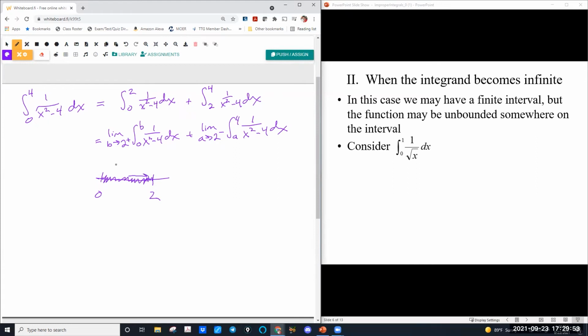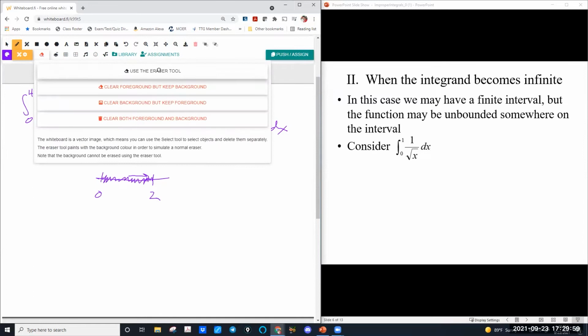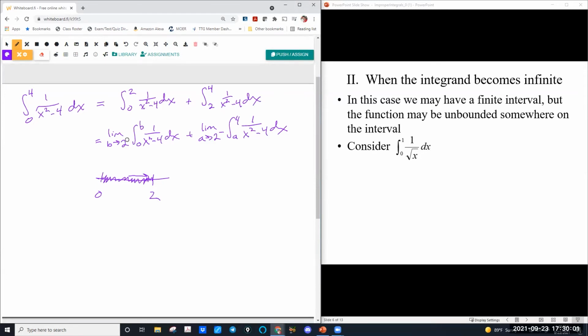Oh, I got that backwards, didn't I? My goodness. I'm approaching 2 from the left. Oh, geez. I'm glad you asked. So we're approaching 2 from the left. And here we're approaching 2 from the right, because here we're going from 2 to 4.